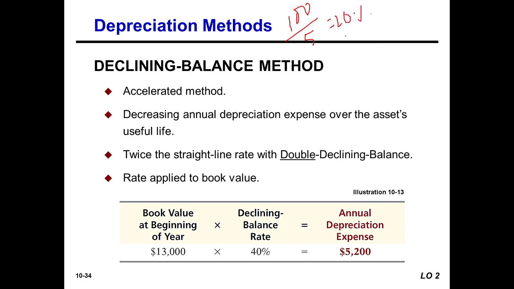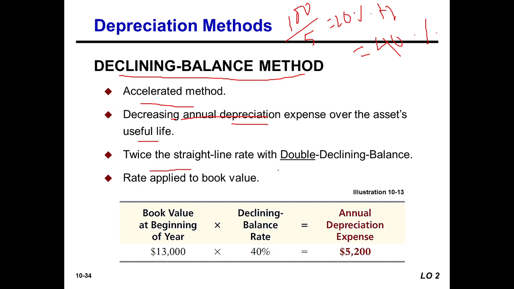But for the double declining balance method, it will be double, that means multiplied by 2. That means it will be 40%. Okay, 40%. So here it is an accelerated method, decreasing annual depreciation expense over the asset's useful life.